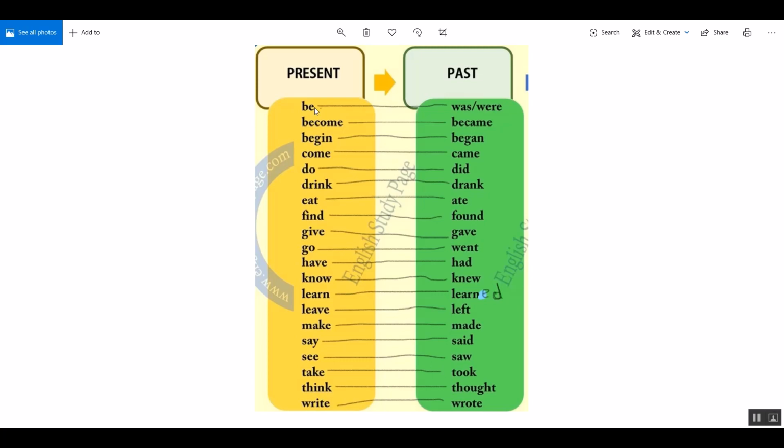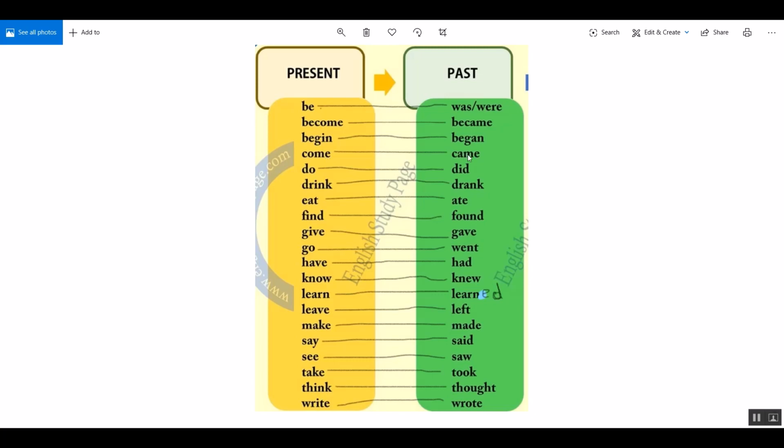of irregular past tense verbs. So they give you the present tense here and then past tense here. Now this one, be, we're going to talk about later in the week, so you don't worry about be today because be does actually change for the person. I was, we were. So don't worry about this one today. So become, became. Begin, began.